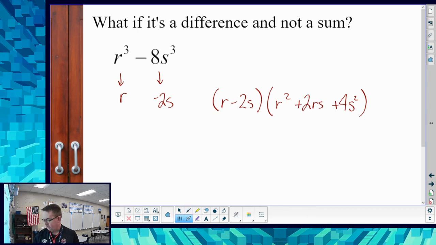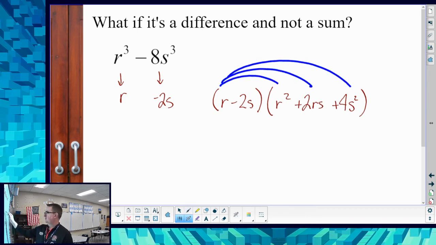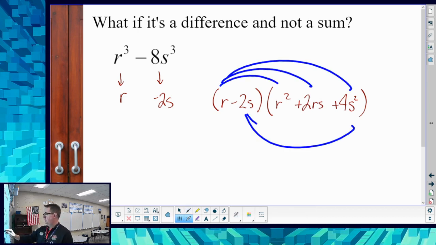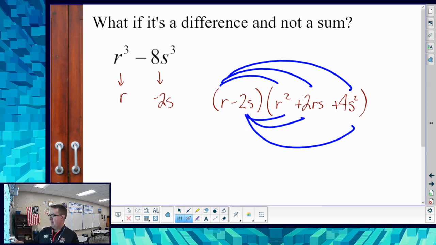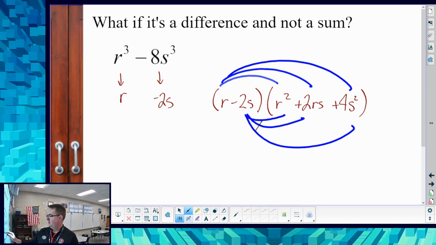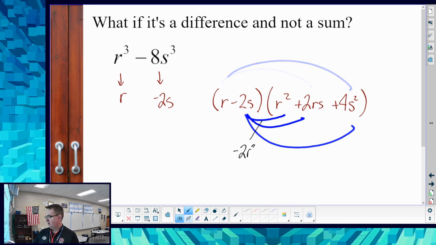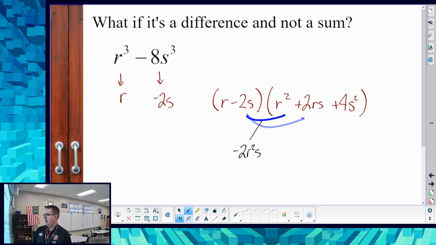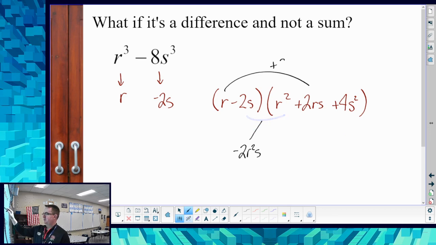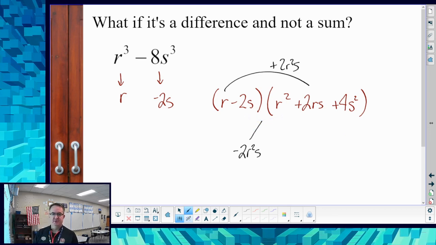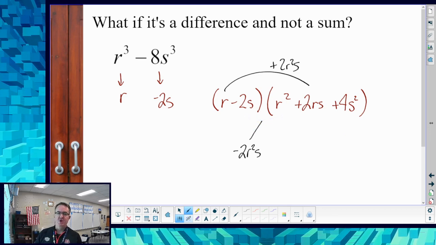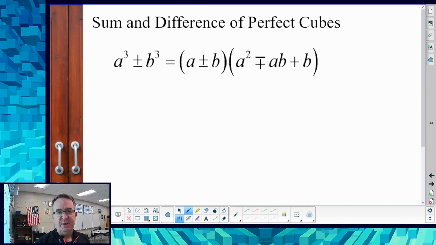And again, if you go through and you multiply all of this out, you'll see that this right here, the negative 2r squared s, is taken out by this positive 2r squared s. And the same thing happens from there. From there, I go through and I just show them the basic formula here.